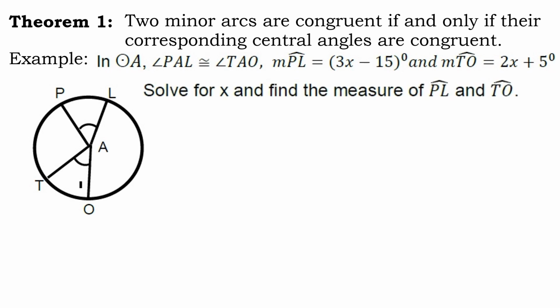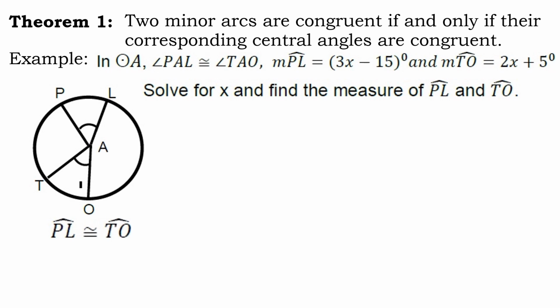Now, let us solve for x and find the measure of arc PL and arc TO. Unahin nating hanapin ang value ng x. Now, we know that arc PL is congruent to arc TO because angle PAL is congruent to angle TAO and their corresponding intercepted arcs are arc PL and arc TO.